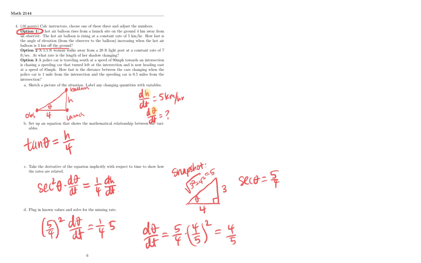And then the units are radians per hour. So that is option 1. So let's do option 2, maybe in another color.